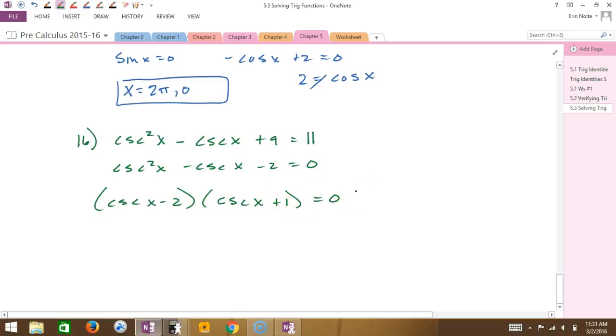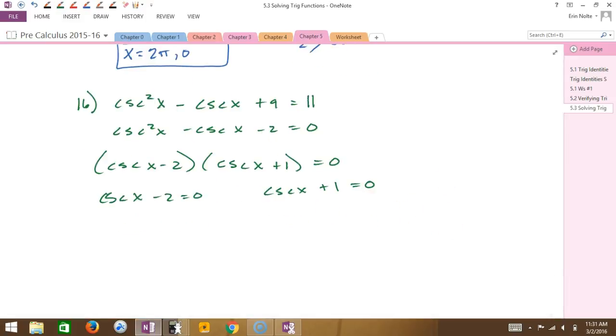Once I've factored it, I'm going to set each piece equal to 0. So I add 2, and I have cosecant of x is equal to 2. I'm going to reciprocate that. The reciprocal of cosecant is sine. So my sine is equal to 1/2.